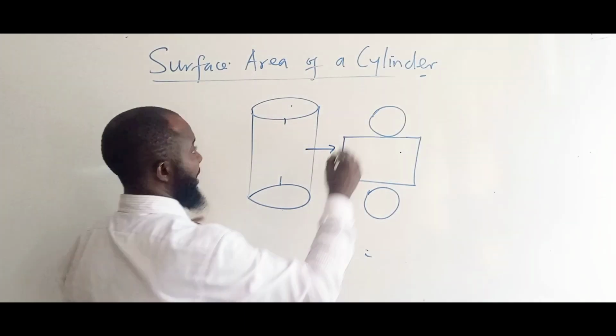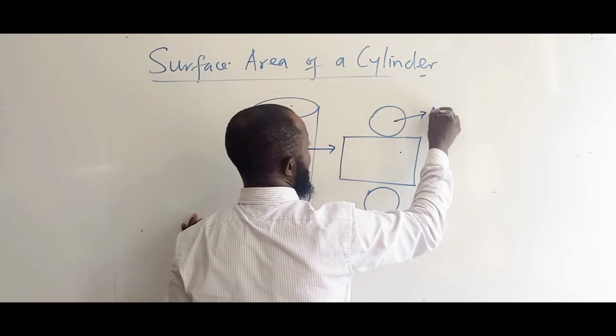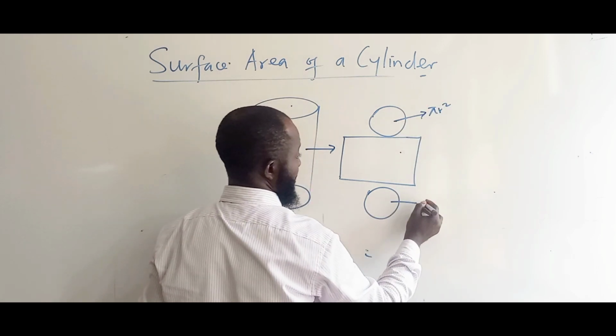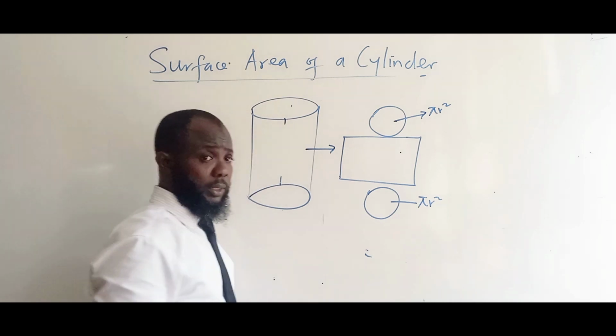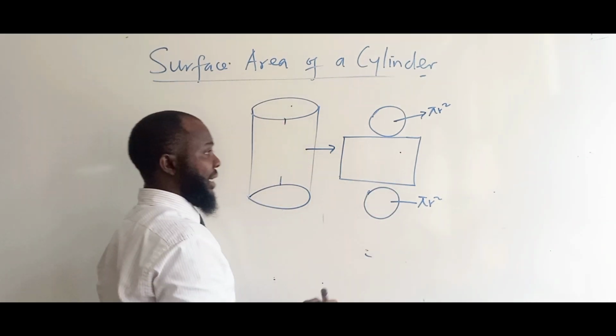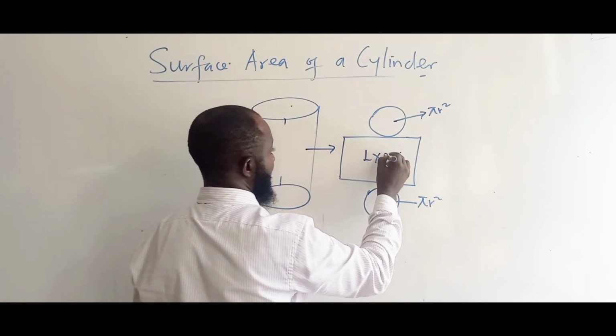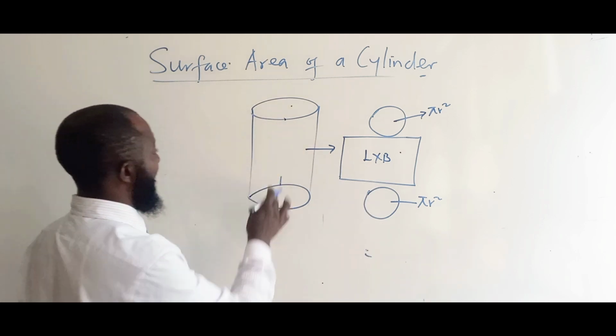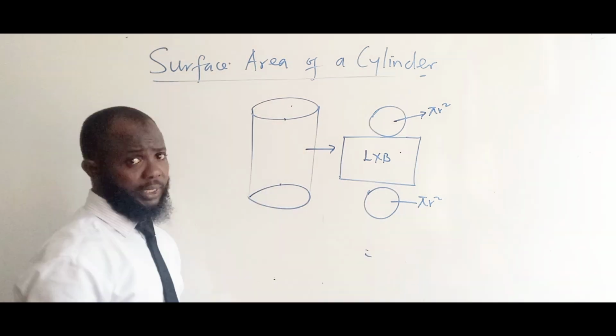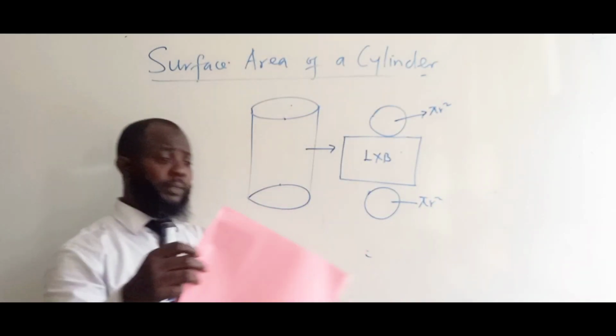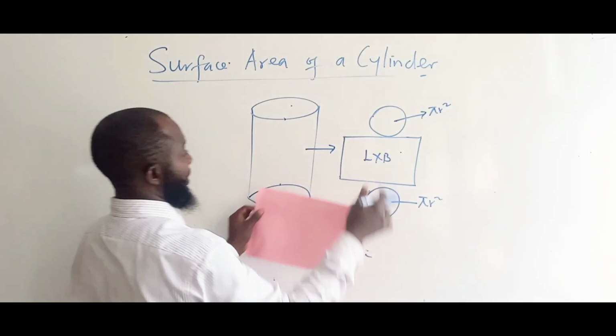Now in that case, the area of a circle here is what? Pi r squared. While this also is pi r squared. But the area of a rectangle is length times breadth. In this case, if you look at the cylinder, it has no length and no breadth. But if you look at where we derived it from, this is the rectangle.